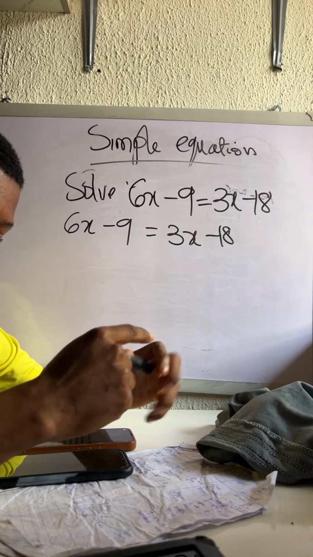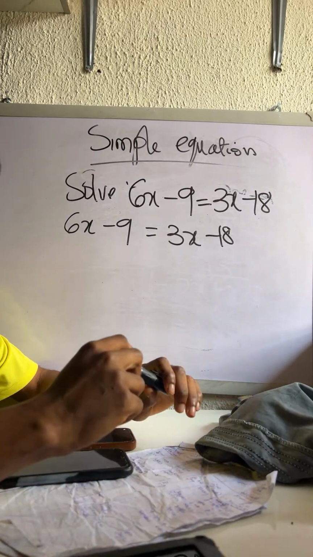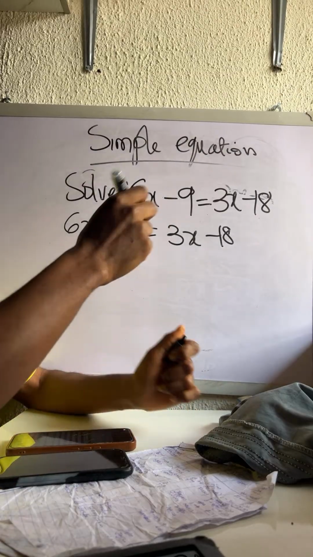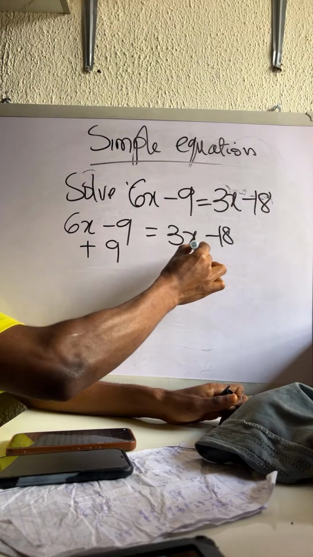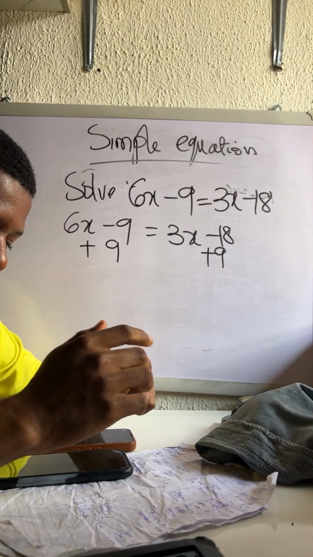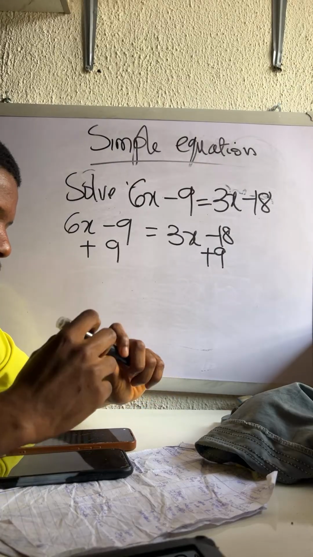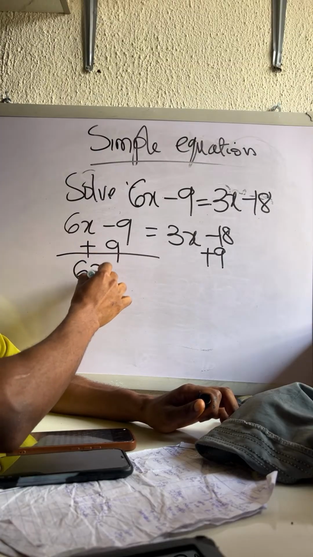First thing we have to do is very, very simple. What you have to do here is add 9 to both sides so that we collect like terms. If you add 9 to both sides, what do you have? 6x.